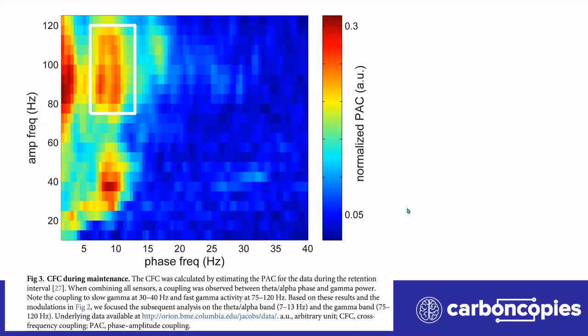Following figure, figure 3, shows CFC during maintenance. The CFC here was calculated by estimating the phase amplitude coupling for the data during the retention interval. What we see is that the CFC did not increase during maintenance, but gamma was coupled to theta alpha phase.